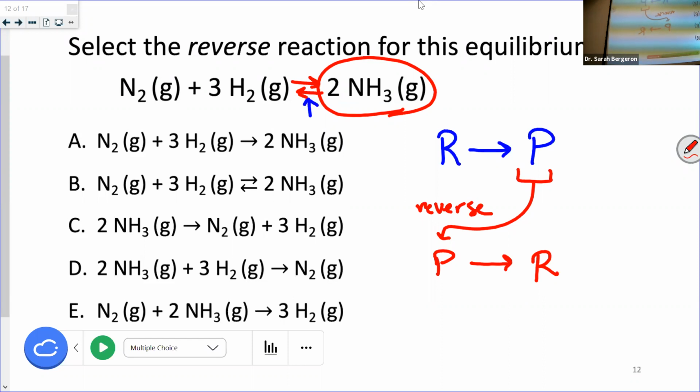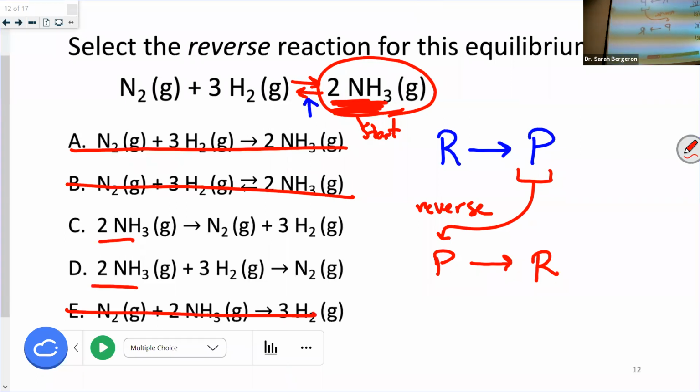So what is that reverse? Well, I have to start with this. So how many equations start with that? Only C and D start with that, but look at D. D has something else as a reactant. Do you have anything else that you would be starting with if we took this reaction and went in reverse? No. So it can't be that one.